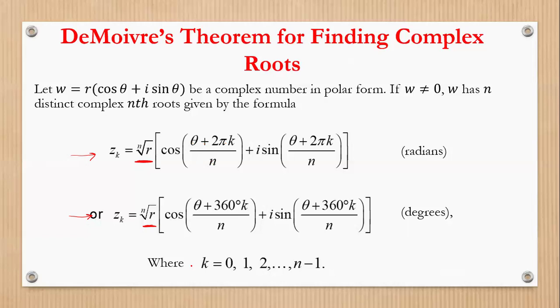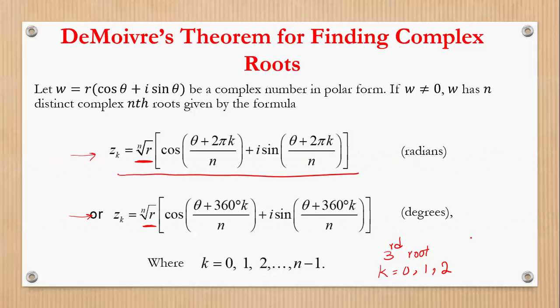What does it mean? For example, they ask me to find the third root. So third root means k can be only 0, 1, and 2. That means you write the formula and replace k by 0, find the answer. Replace k by 1, find the answer. Replace k by 2 and find the answer. So you find 3 different roots.